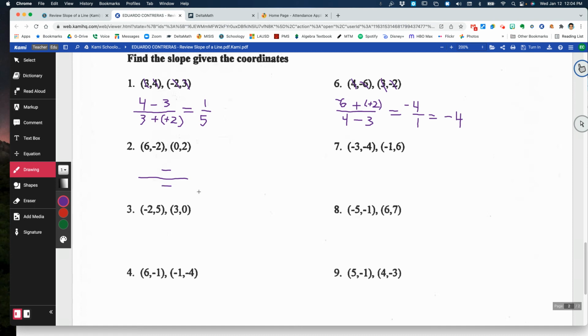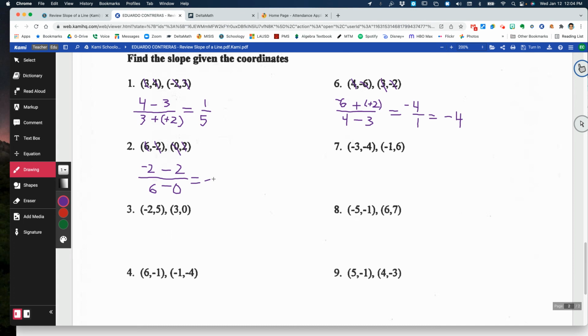Again, you're subtracting y values, so it's going to be -2 minus 2. And then 6 take away 0. So let's see what that gives us.